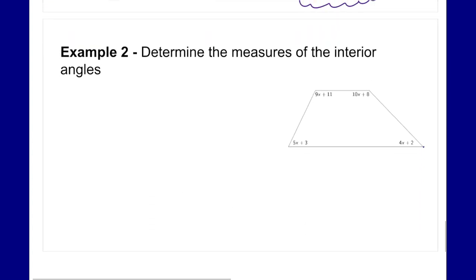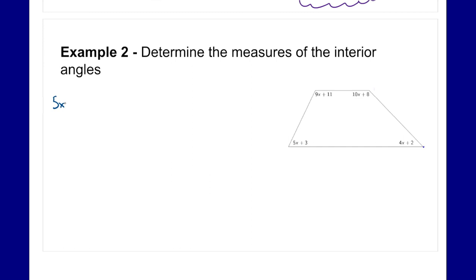Our next example, or our final example, is very similar to the triangle one that we looked at, except now we're dealing with a quadrilateral. So it's going to be the same idea. We're going to add up all of our angles.